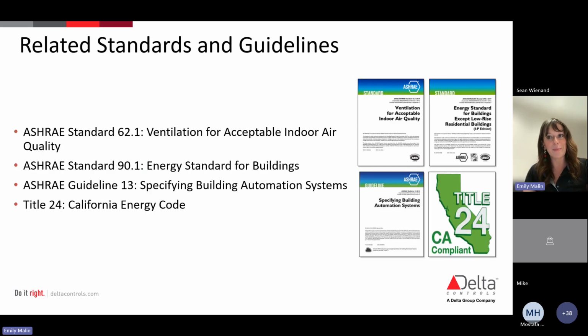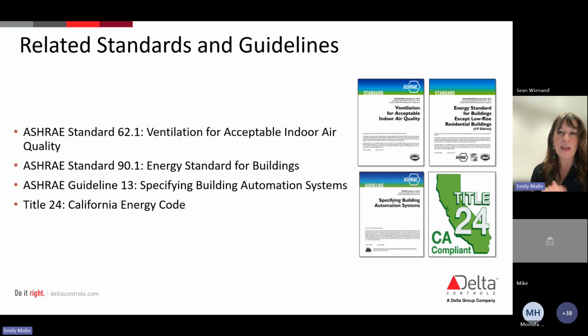Oh, I guess we're going to pop into these related standards and guidelines here. So a few of those that are really pertinent to our industry, and again, we'll dive further into these, are going to be ASHRAE 62.1. That's what we were talking about with indoor air quality. ASHRAE Standard 90.1, that's our energy standard for buildings. You do have Guideline 13, which is just around how to specify your BAS system.